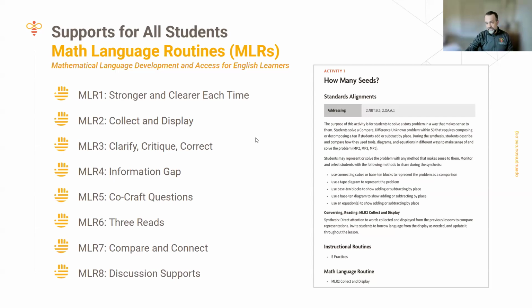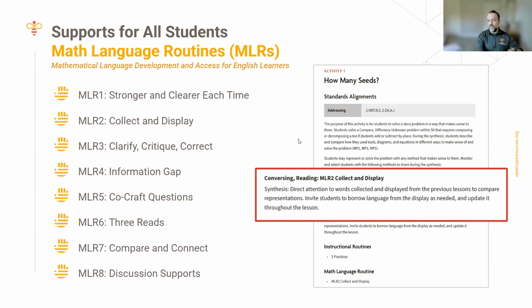Just like those instructional routines that I pointed out earlier, you're going to have those built-in supports for you to prepare for an MLR, how to really execute it in a meaningful way, and know what to do later on if they pop up again, because they will. And these are also great for you as teachers. Again, routines are so important for keeping things predictable and moving things along in a meaningful way.